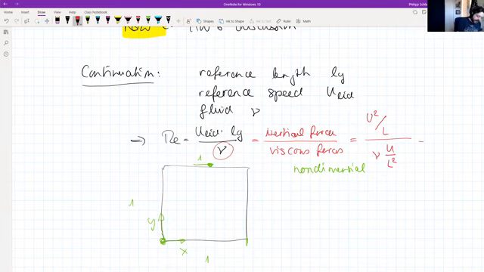And now you directly see, if you simplify that, that one velocity goes away, and so you have a u left, then you have the L squared and one L, so you have an L here, and you have a viscosity down here. So that's the way that you would need to think about the Reynolds number. It's inertial forces divided by viscous forces.